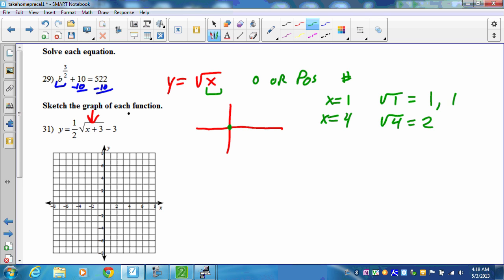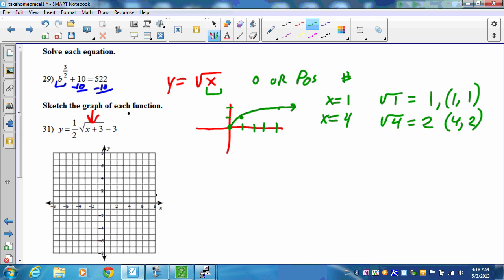This gives us the point (1, 1), and this gives us the point (4, 2). So our first point's there. 1, 2, 3, 4. Comes up. And of course this guy sort of bends over like this. Continues to increase. Alright.